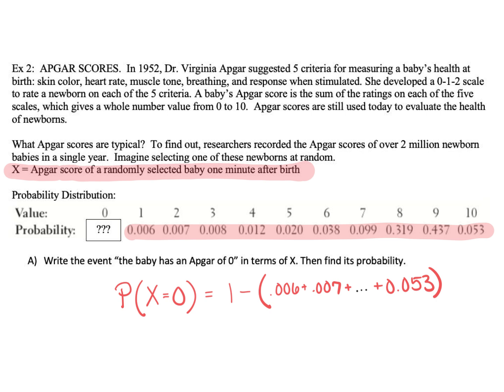And you're going to subtract that from 1, which I get 1 minus 0.999 or 0.001.